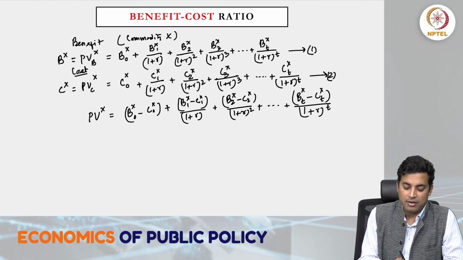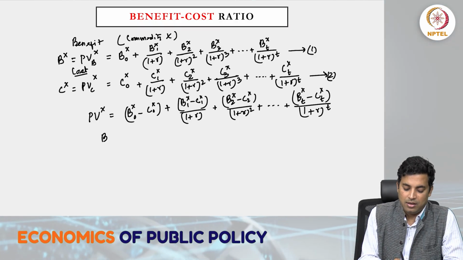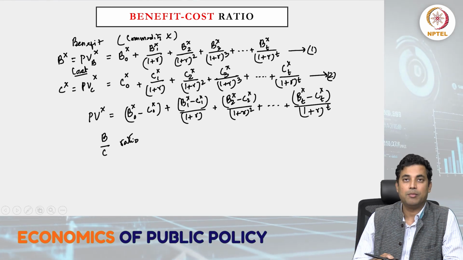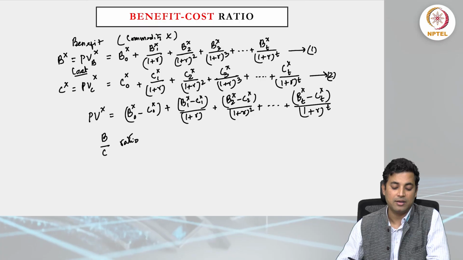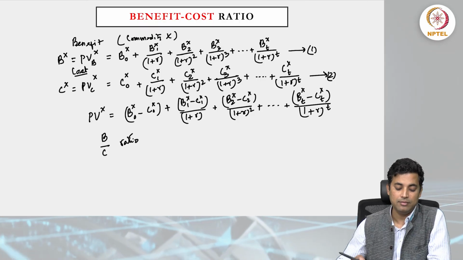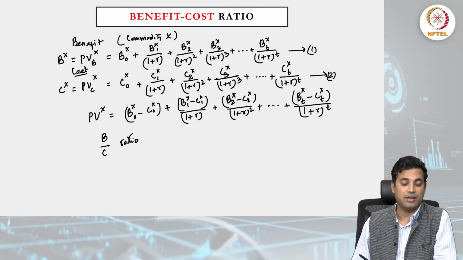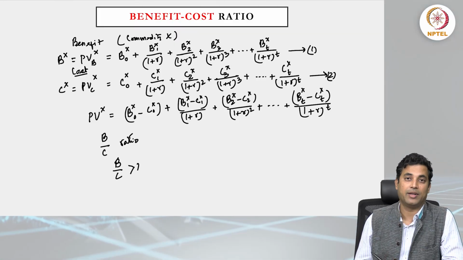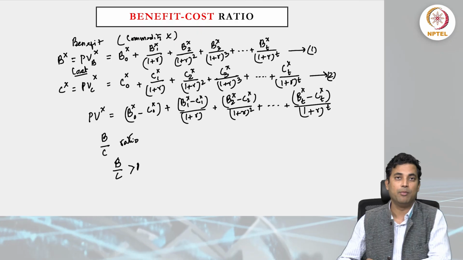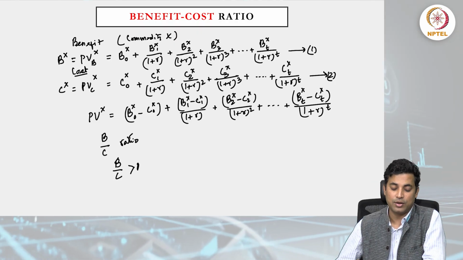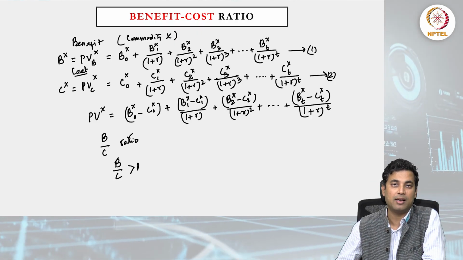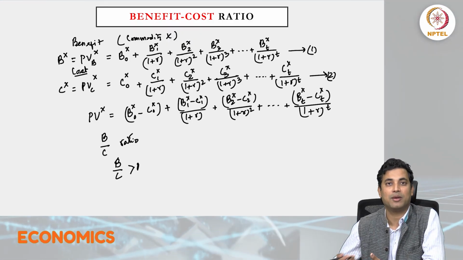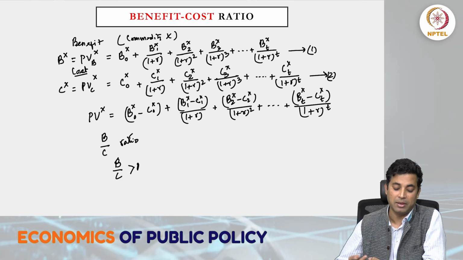and therefore from here we can easily get the b to c ratio, because we have already calculated benefit and we also have calculated cost, and then we get the ratio. So if the b by c ratio is more than 1, it's like we are getting more benefit than the cost, and then certainly that project should be implemented, that public sector project, public goods project should be implemented.